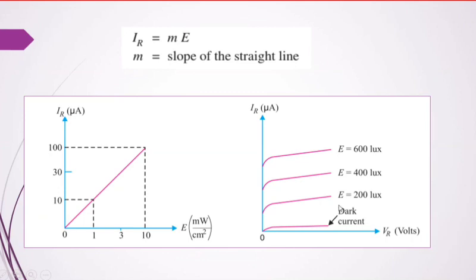If you apply light of about 200 lux, the unit of light intensity, the current value increases. Again, increasing the intensity to 400 lux, it increases again. Then at 600 it increases again. This is the applied voltage, and this is the current value. This is the reverse bias condition of photodiodes. This is the working principle and VI characteristics of photodiodes.